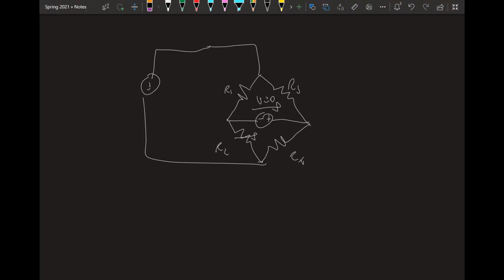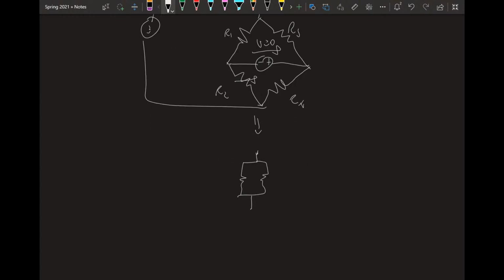And if we're at the balance point, let's say there is zero current, right? Then we can collapse this into like this. And we have R2, Rx, R1, R3, right?